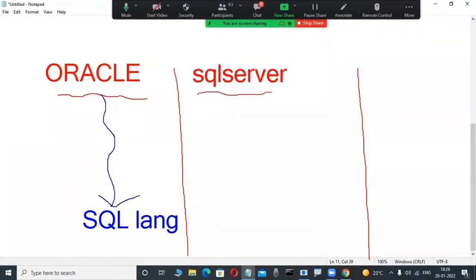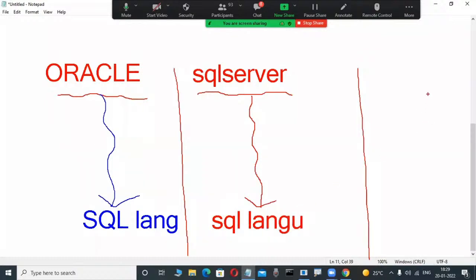Some employees are working on the SQL Server product. That is also a database product, just like Oracle, and to operate it they use one language only: SQL. Again, many people in my company use MySQL, a relational database product that is open source.